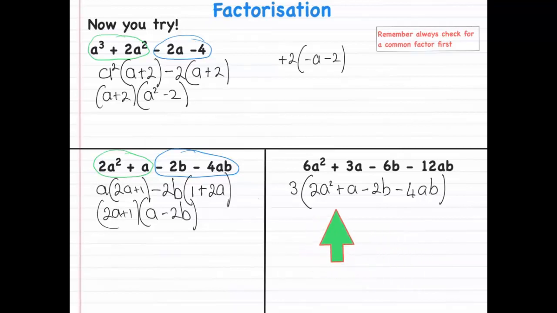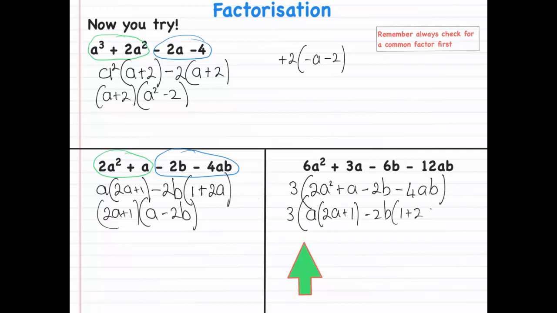And then here you will see that what is left in that brackets is exactly the same as the sum over there, right? I just wanted to show you that sometimes you have to look for a common factor. So all of that is the same as that. So this will become this, right? So let me just show you what it will look like if we go with the first and the third. It will look exactly the same as before, but we just have the common factor still on the outside.